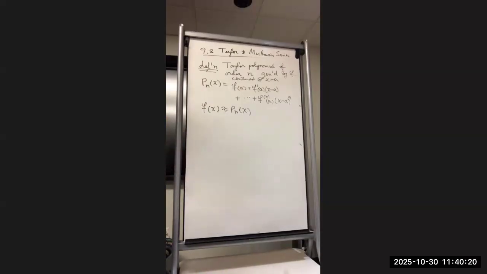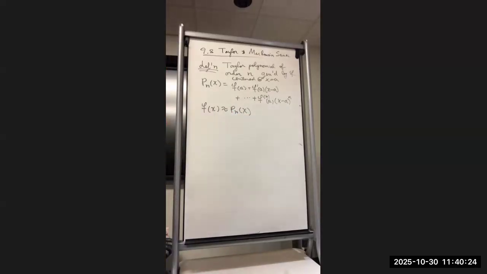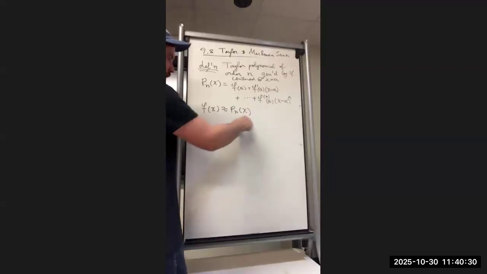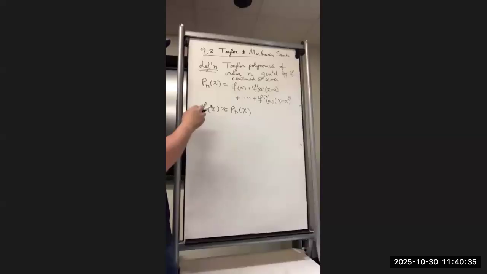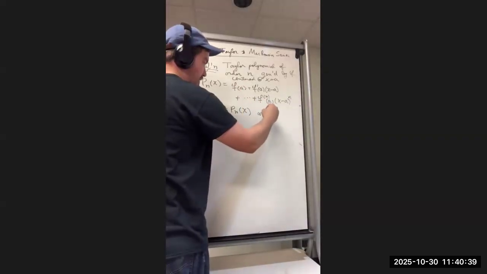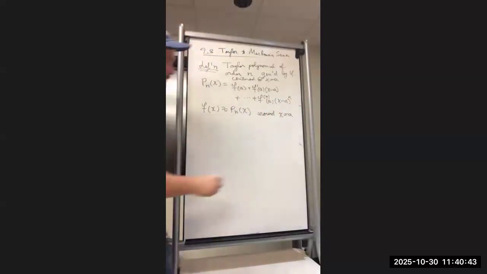But there's a caveat here, which is I say this approximates f, but only around the center. The quality of the approximation is best the closer you get to a. So really, I should say it approximates f around x equals a.